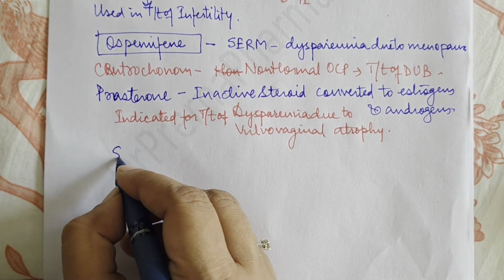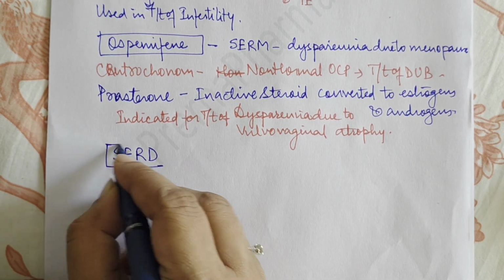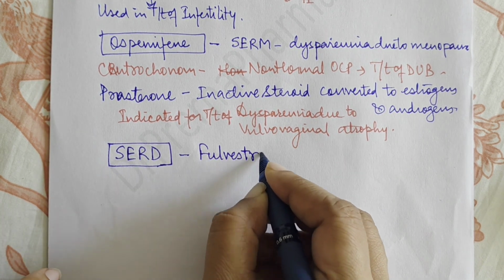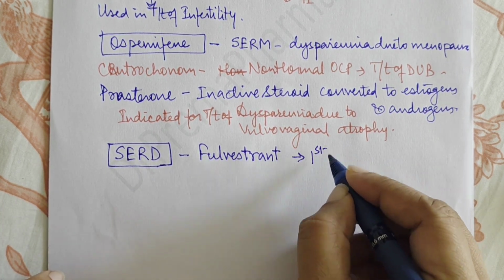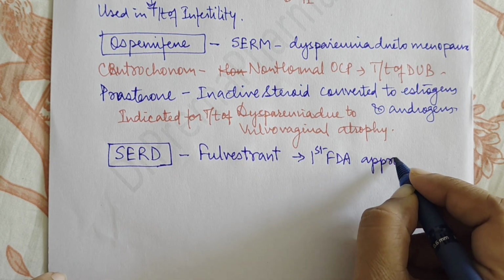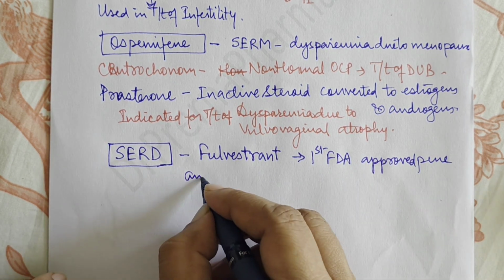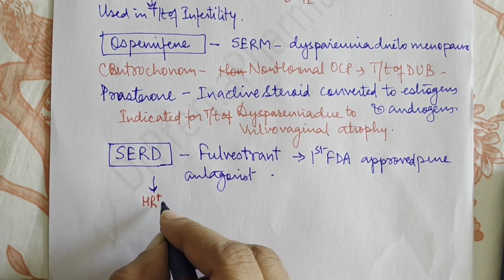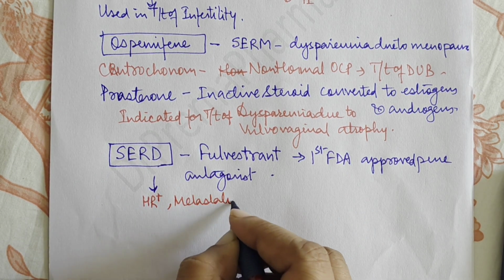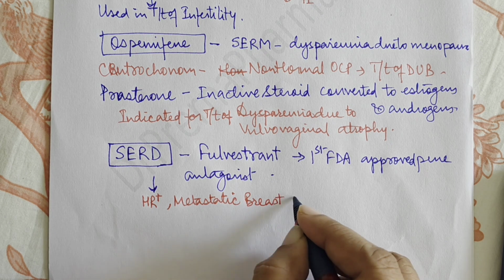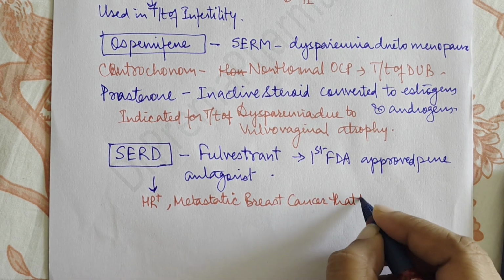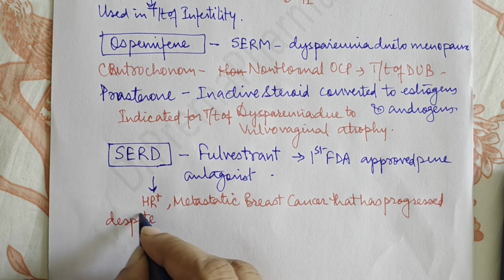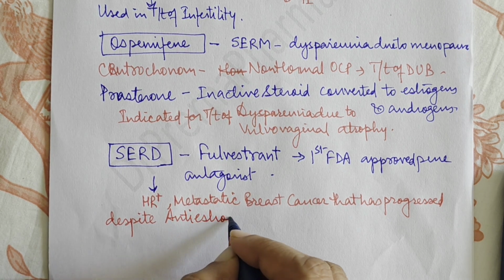Then there is a drug. Now SERMs were there, now there is SERD, that is selective estrogen receptor down regulator. The drug that comes in this is fulvestrant, and this is the first FDA approved pure antagonist, and it is used in hormone positive metastatic breast cancer that has progressed despite anti-estrogen therapy.